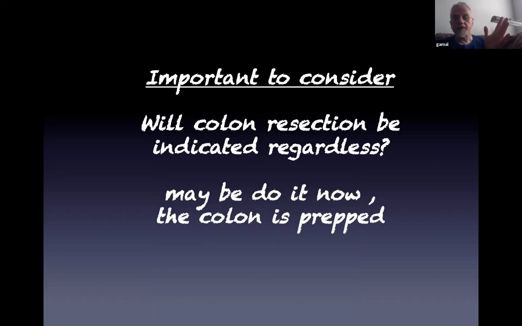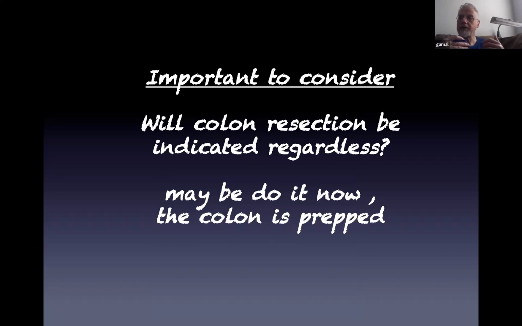So it's important to consider, remember the first slide we showed, will colon resection be indicated regardless? Maybe you should do it now because the colon is prepped. You know what I mean by this, guys? Same thing. They took a huge polyp from the right colon. Pathology comes back as tubulovillous adenoma with high-grade dysplasia and positive margin. The treatment for that is going to be ileocecal resection or right colectomy.